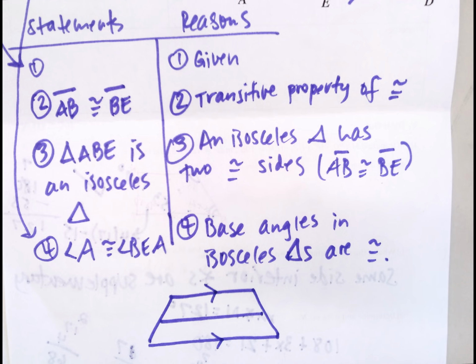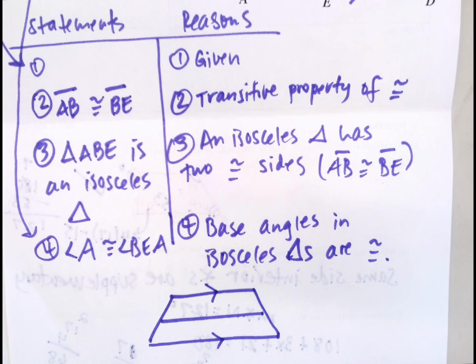All right, so when you have a trapezoid with a mid-segment, in order to figure out the length of the mid-segment, you need to take the average, okay? So what do I mean by that?